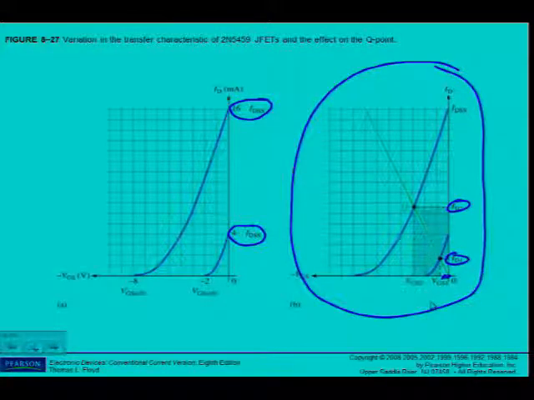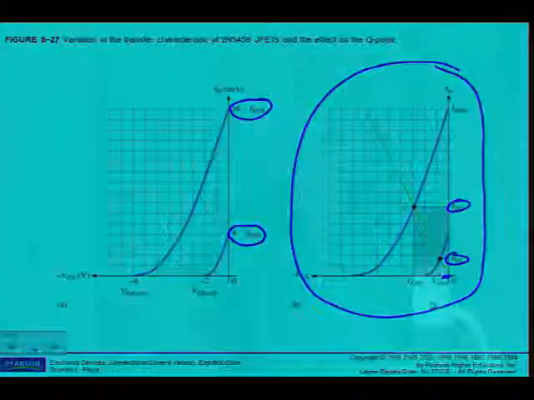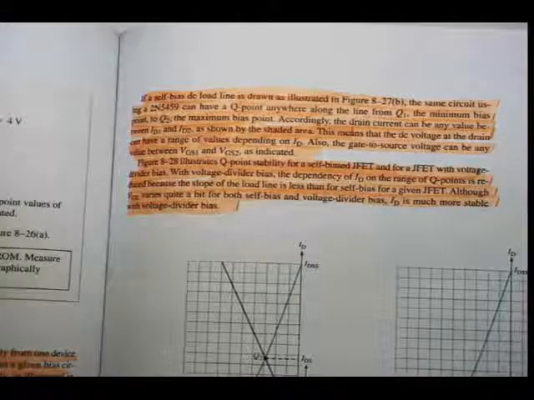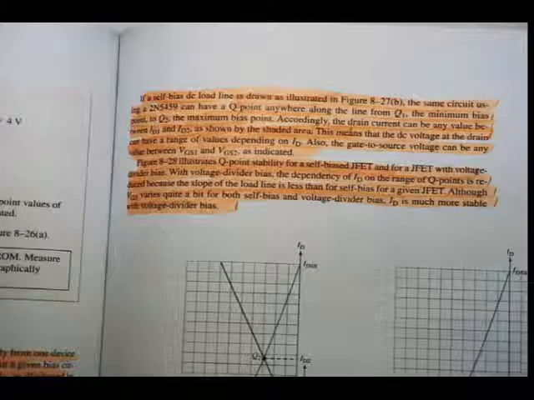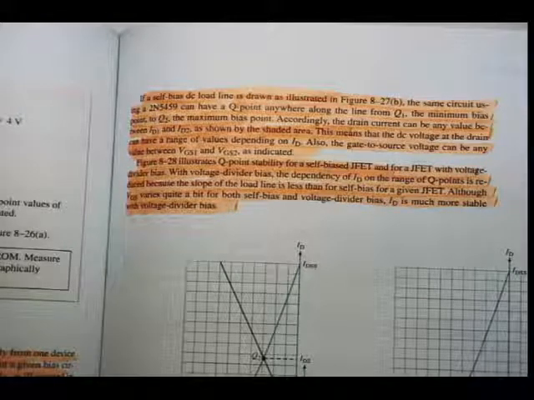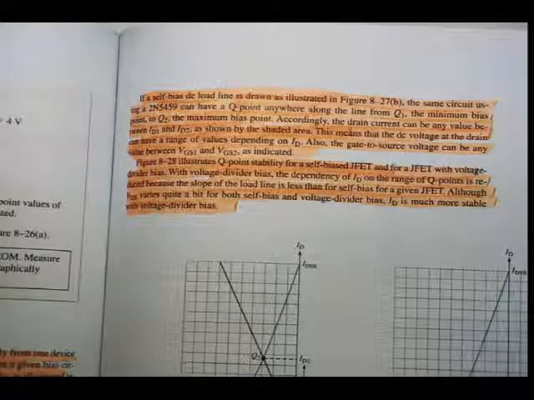When I go and compare it to the voltage divider, as on page 391, it says there, if a self-biased DC load line is drawn as illustrated in figure 8.27b, the same circuit using a 2N5459 can have a Q point anywhere along the line from Q1, the minimum bias point, to Q2, the maximum bias point.